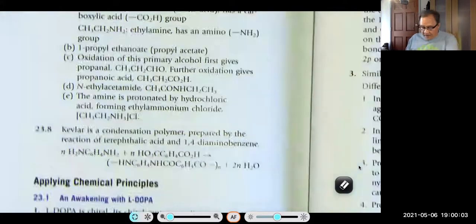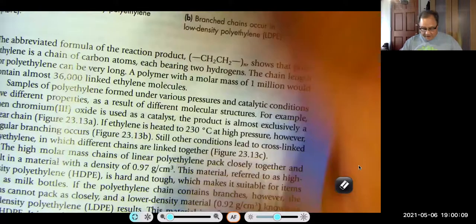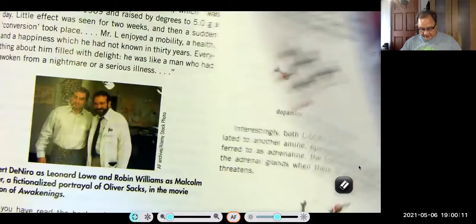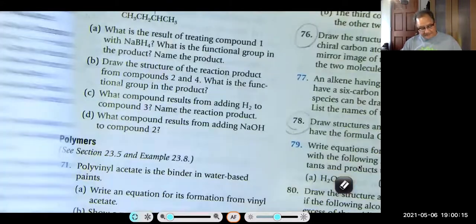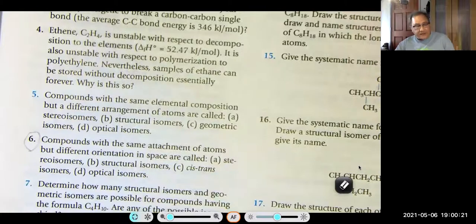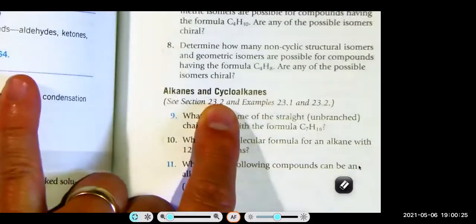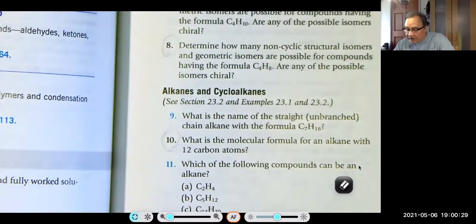Okay, so what I would suggest is you try and pick out some of these and give them a shot, but also go to the back of the book. And here I'm going to skip general questions. Should you know any reactions with alkanes and cycloalkanes? Combustion and halogenation. Okay, so here I'm taking a look.